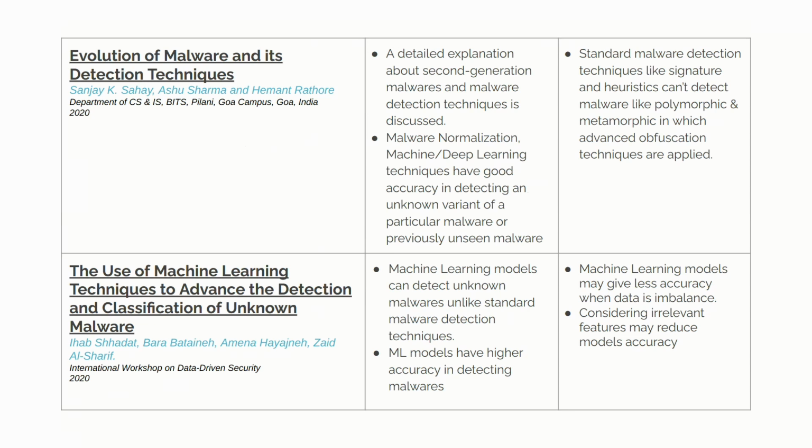In contrast, the traditional malware detection methods like signature based and heuristic approaches struggle to detect polymorphic and metamorphic malware, which employs advanced obfuscation techniques.